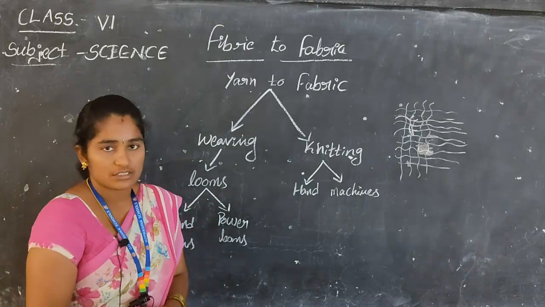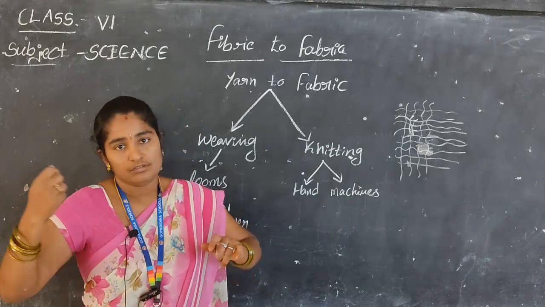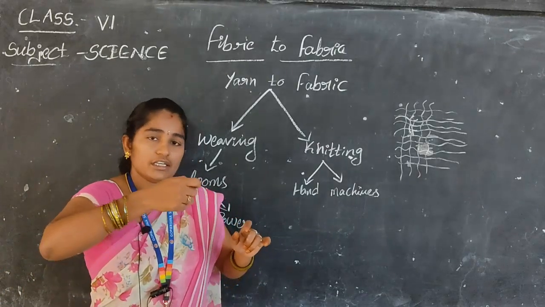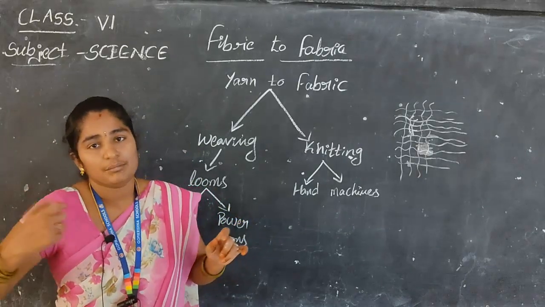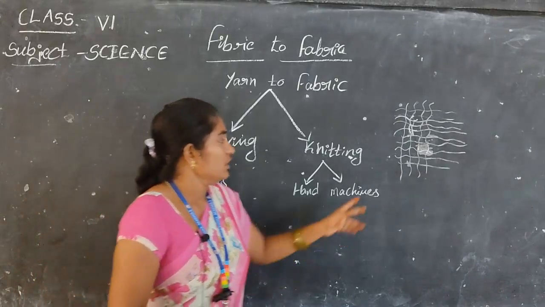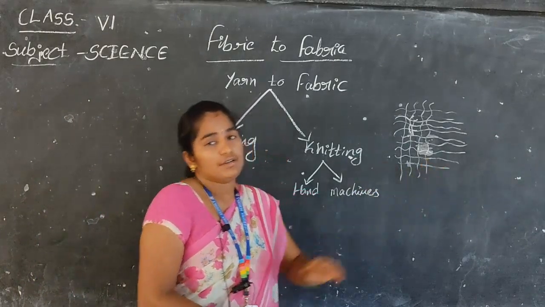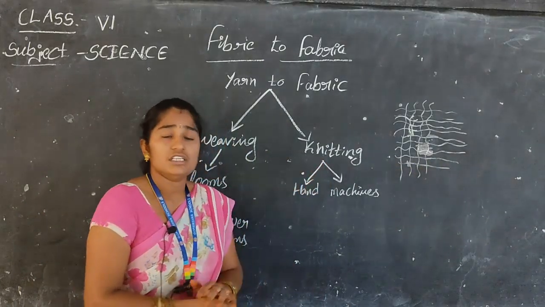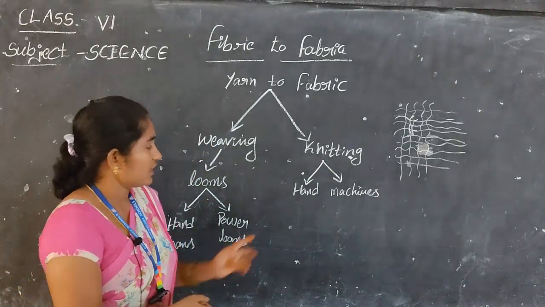If you take a sock and pull the thread, what will happen? A single thread comes out of the sock. In weaving it is two threads, two yarns, but in knitting you take only a single thread.